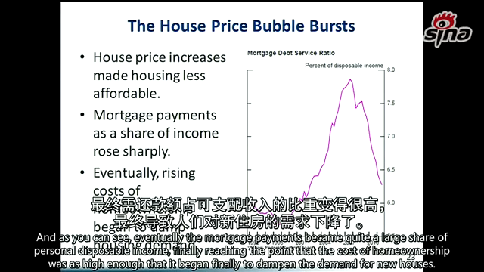And as you can see, eventually the mortgage payments became quite a large share of personal disposable income, finally reaching the point that the cost of home ownership was high enough that it began to dampen the demand for new houses.